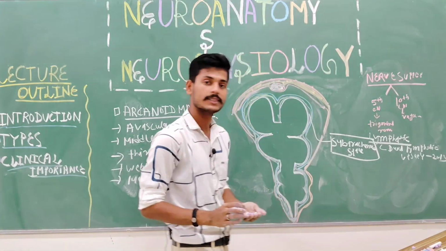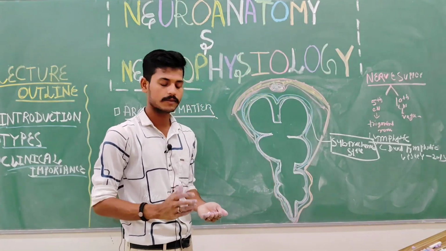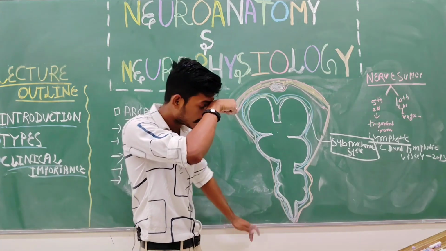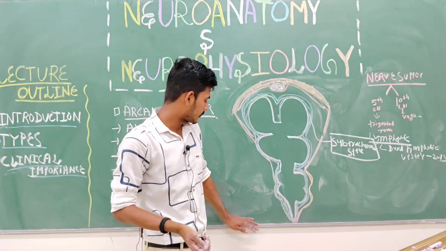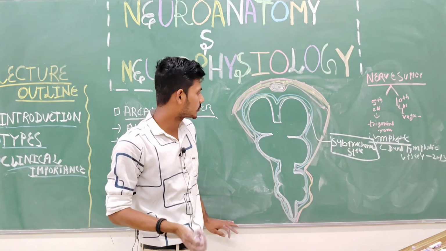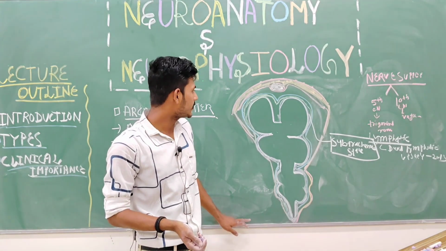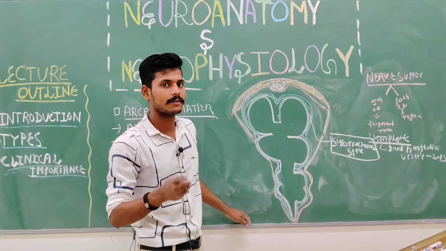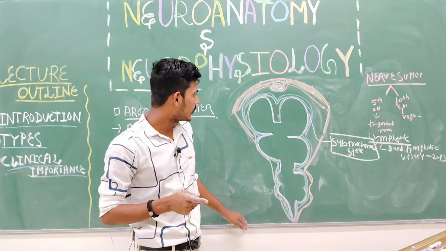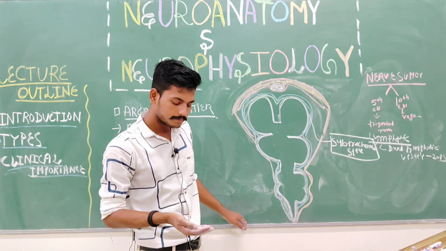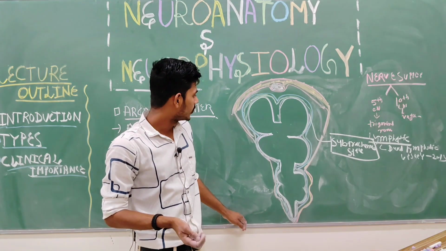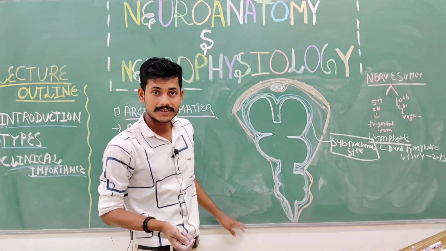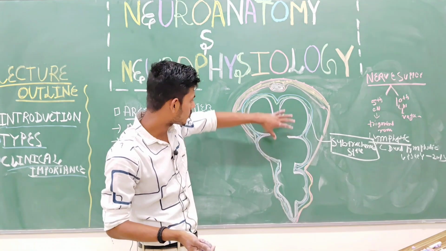Have you heard about the CSF, a major fluid in your central nervous system? Can you say the function of the CSF? CSF is cerebrospinal fluid, which is formed by the choroid plexus, present in the ventricles of the brain.